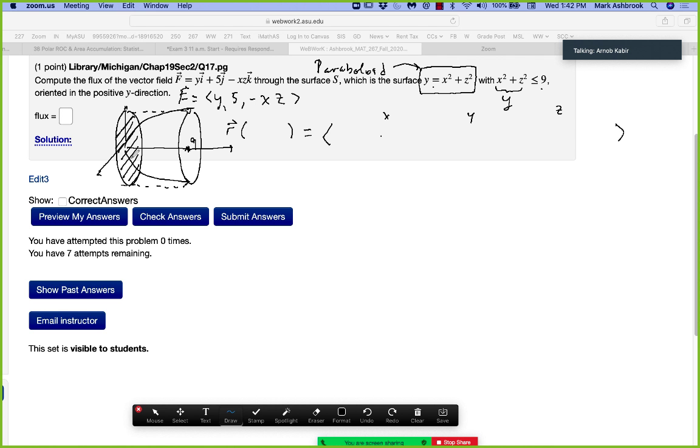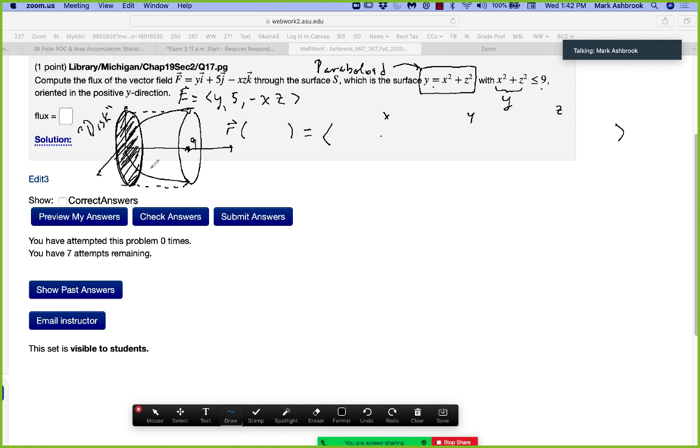A circle. Well, the circle is just the edge. So we're going to get a disk. And that disk has a circular boundary, which is not going to be convenient with having our variables be x and z.